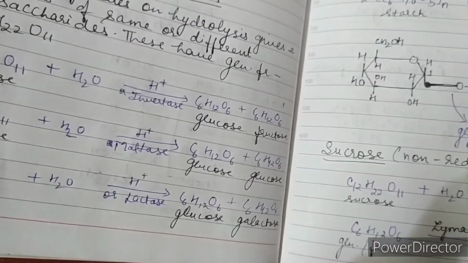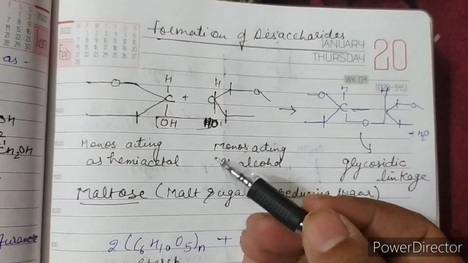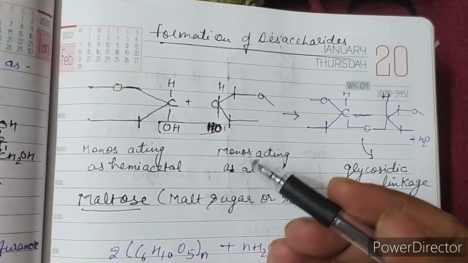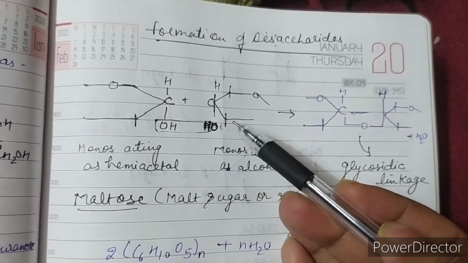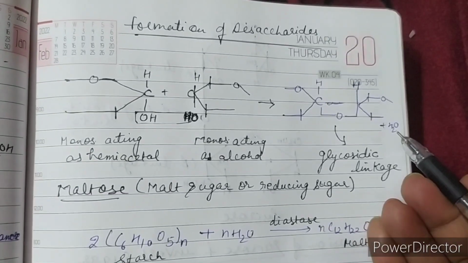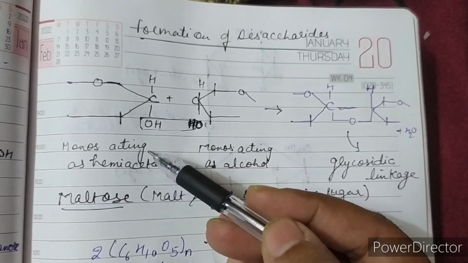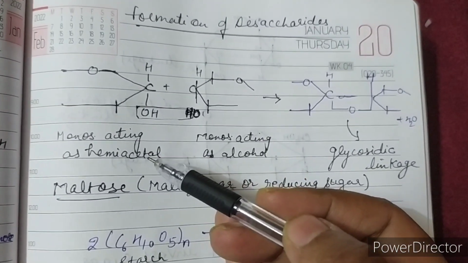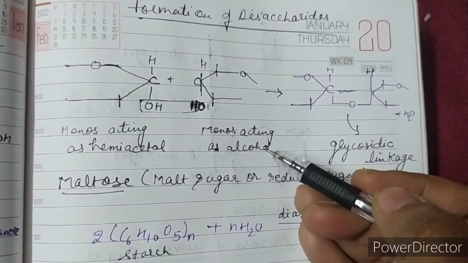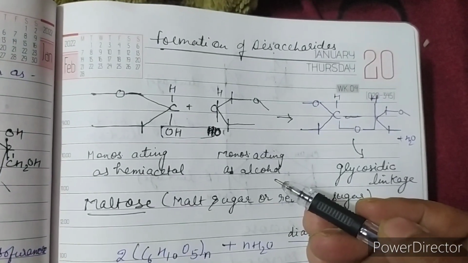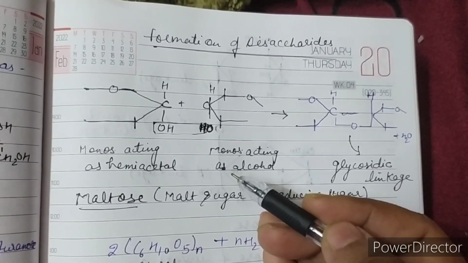Now let's see the formation of a disaccharide and try to understand it with the help of a diagram. Disaccharide formation involves a condensation reaction between two monosaccharides, with the elimination of a water molecule, in which one monosaccharide acts as a hemiacetal, with an aldehydic group, and the other acts as an alcohol, because it involves the formation of an acetal from a hemiacetal and an alcohol.